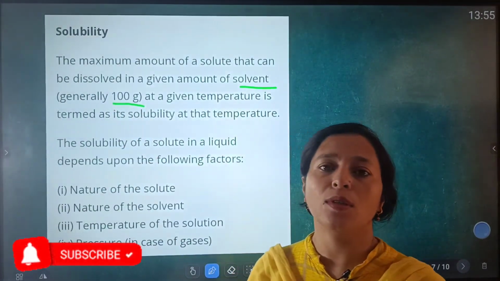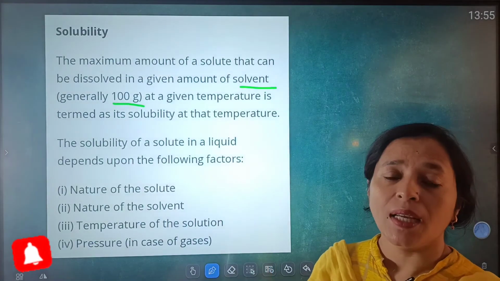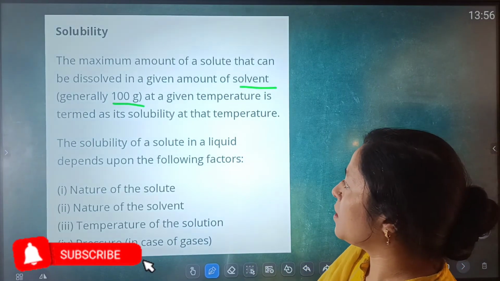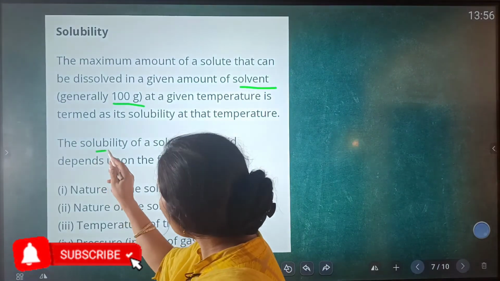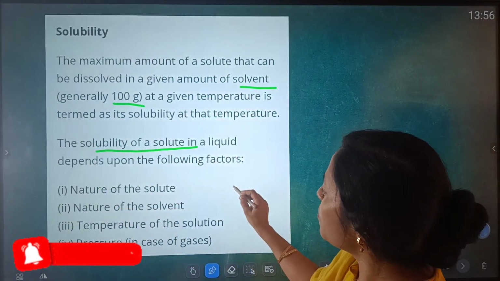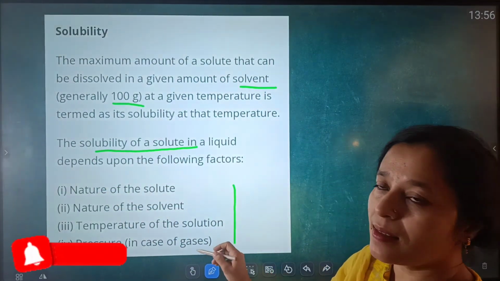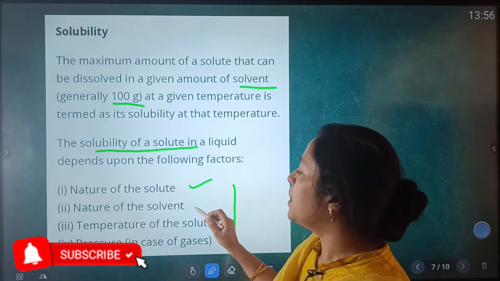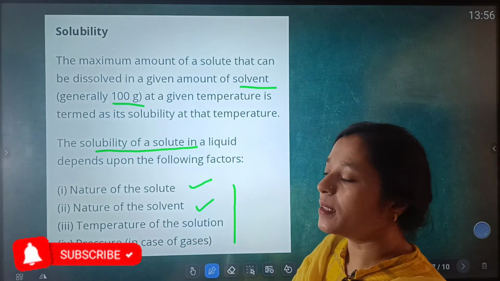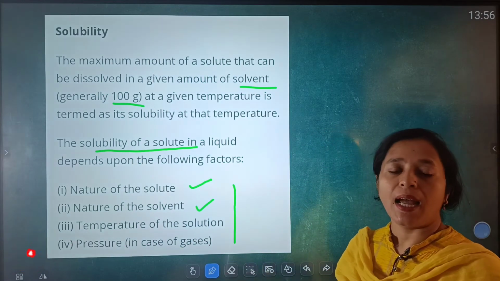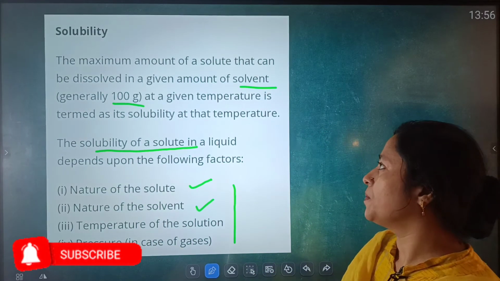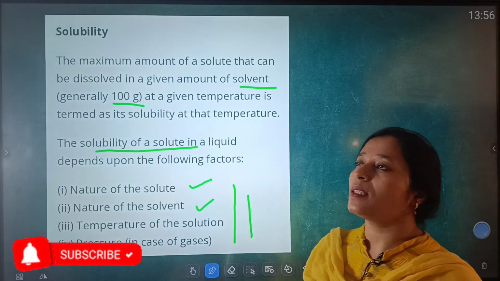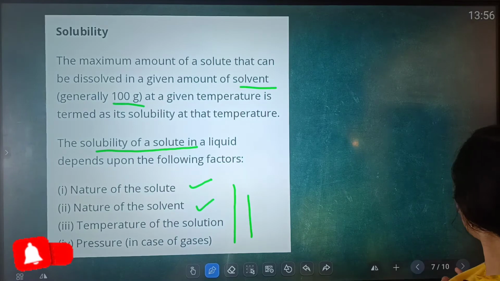How much amount of solute in grams you are going to dissolve in 100 grams of the solvent is its solubility. Generally, the solubility of a solute depends upon the following factors: number one, the nature of the solute, the nature of the solvent, the temperature of the solution, and the pressure. So, these are the four factors that play a very important role in the solubility of any solute.